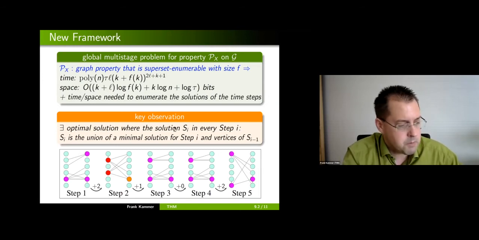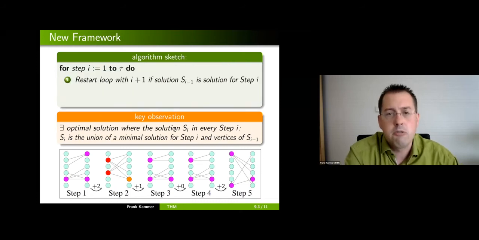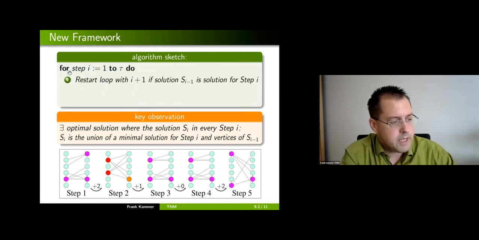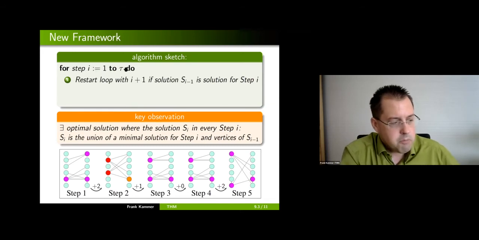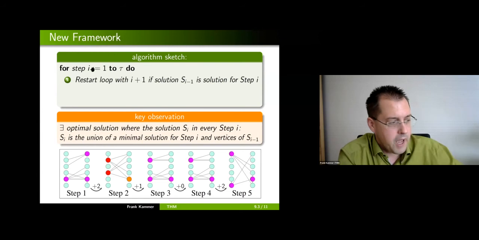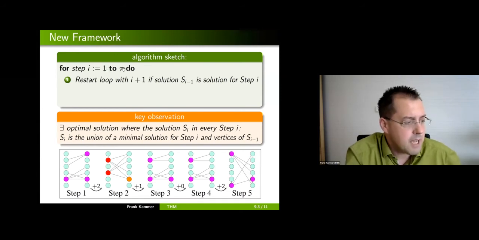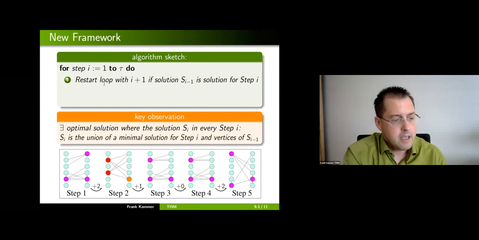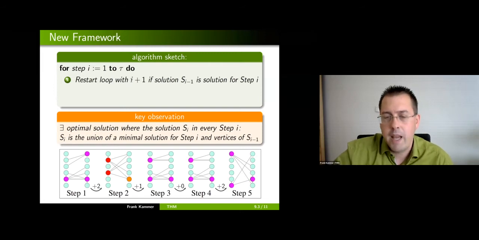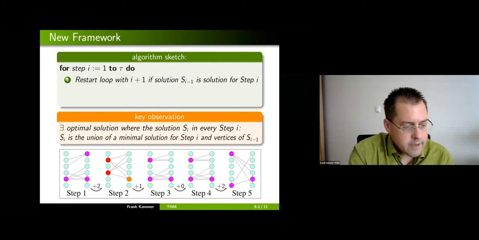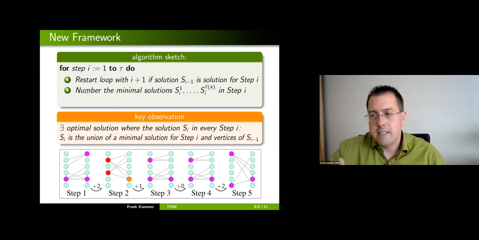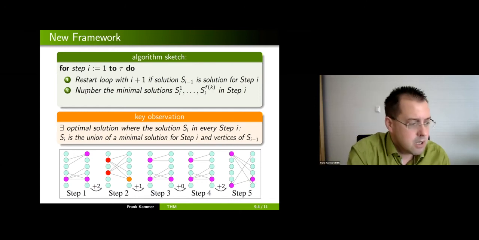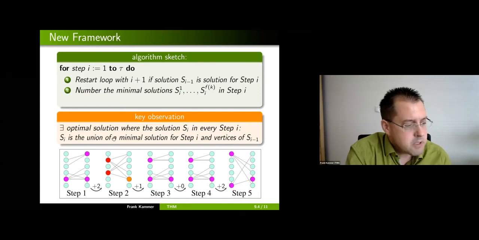And if we now have the key observation, we can come to our algorithm, which works as follows. We iterate over all steps of the temporal graph, from i equal to 1 to the lifetime. In each step, we check if the solution of the previous step is still valid. If this is the case, we simply take this solution. If this is not the case, which can happen L times, which is our global budget, then we enumerate all minimal solutions.